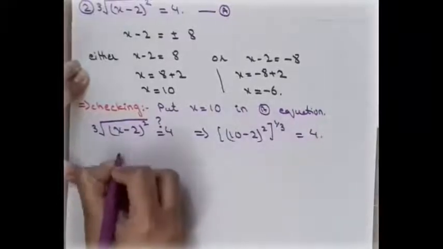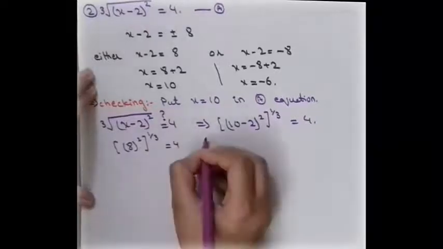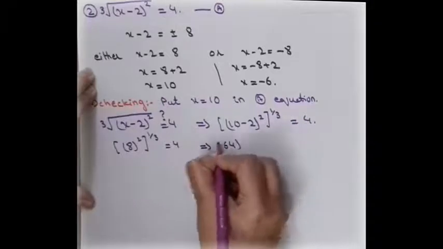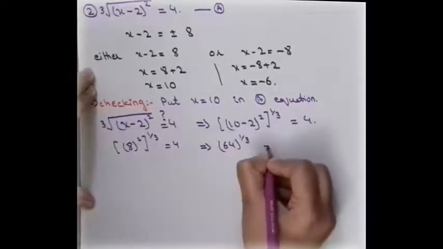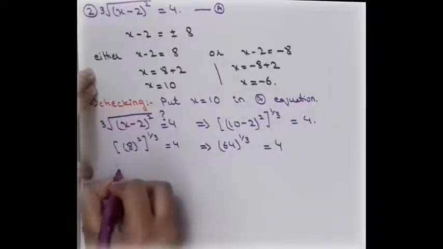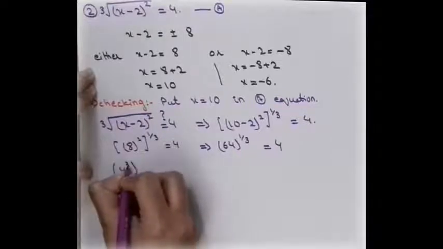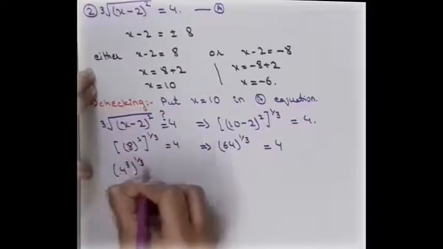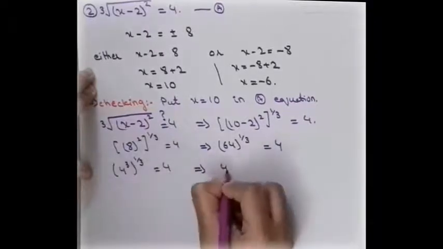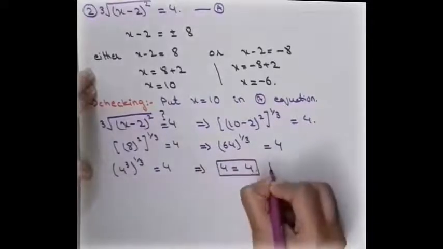Now to solve this, 8 to the 1 over 3 ... which is equal to 4, and 8 square is equal to 64, 1 over cube which is equal to 4. We can write 64 as 4 to the power cube. 4 three times is 64, so we can write this as equal to 4. Here this cancels out with the other, so we are left with this, and it is a true condition.